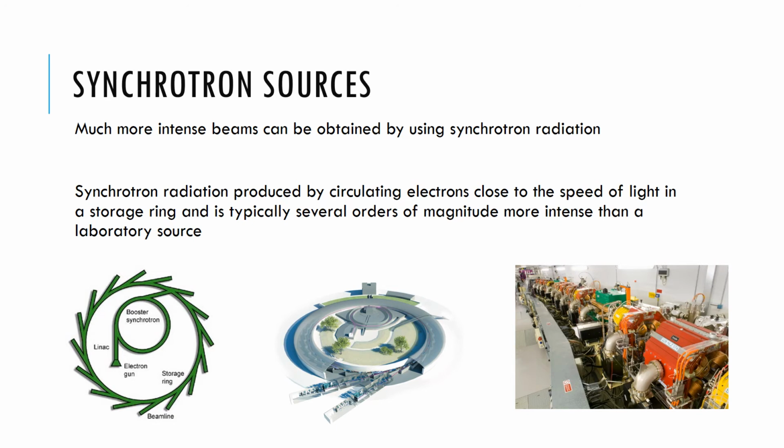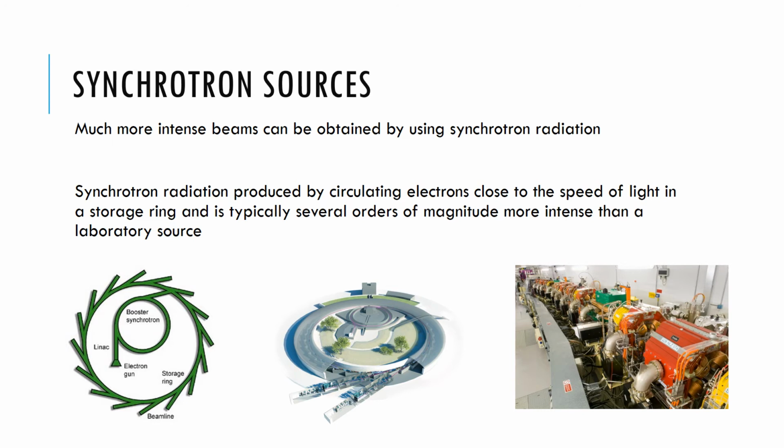Now, modern X-ray diffraction studies, especially the single crystal X-ray diffraction studies, tend to be performed at synchrotron sources. You can obtain much more intense beams of X-rays by using synchrotron radiation.